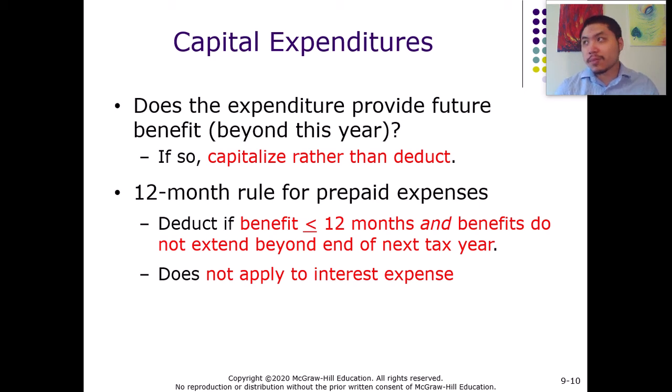So for example, say the business decides to buy a car. In a hypothetical scenario, if the business can expense the car, then they can expense the whole amount they used to pay for the car.